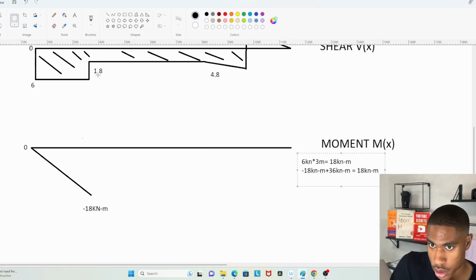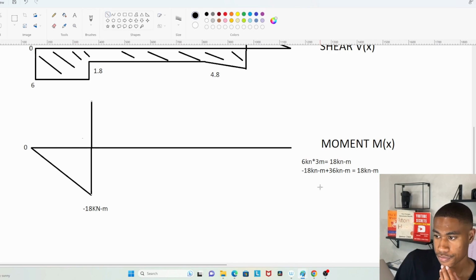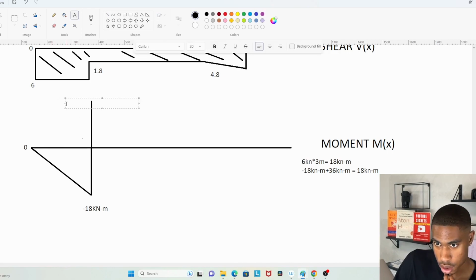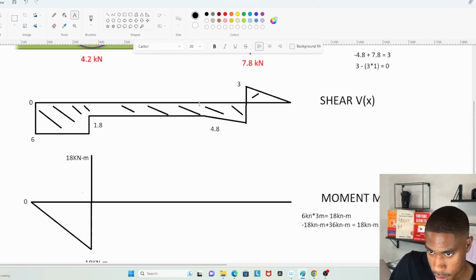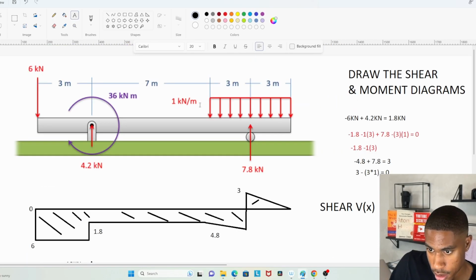All right, so now we're going to make that jump up to 18 kilonewton meters. So I'll put this here, 18. Very nice. All right, so what's happening with moment after that?